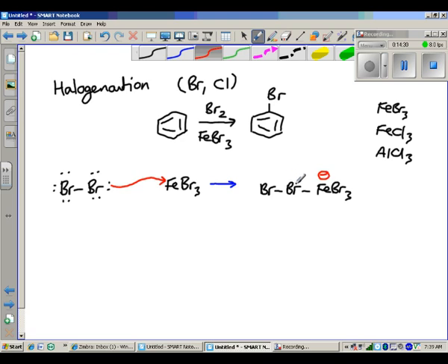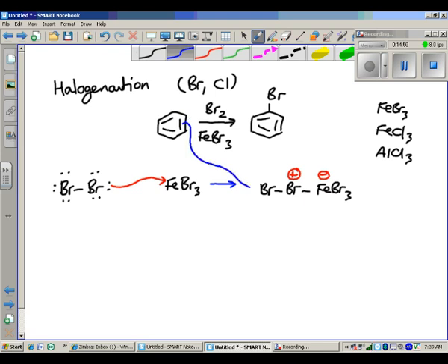And the bromine, if you figure all this out, with its 1 extra bond and still its 2 lone pairs, it has a positive formal charge. So the idea is then, at this point, that this thing is the electrophile.